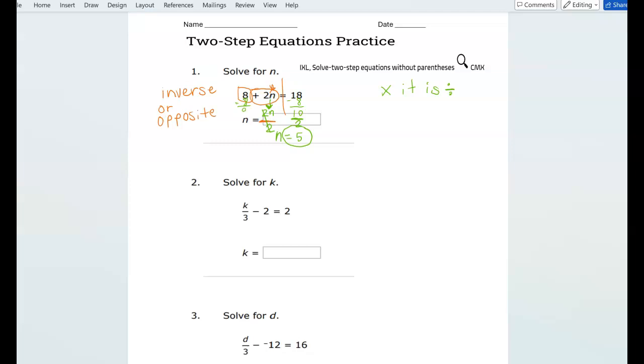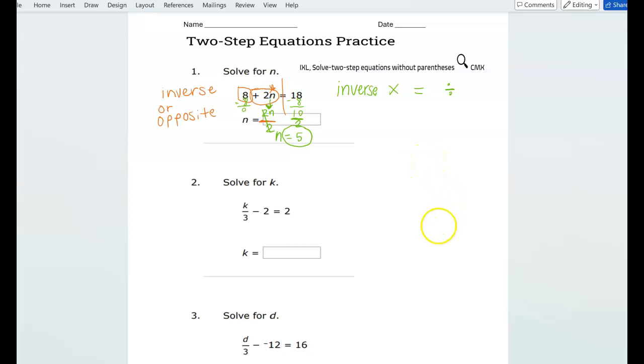Let me go back here. Inverse of multiplication is, and in math we can use the equal sign for is. Inverse of multiplication is division.